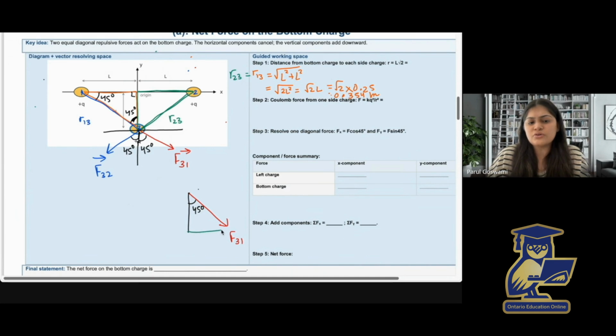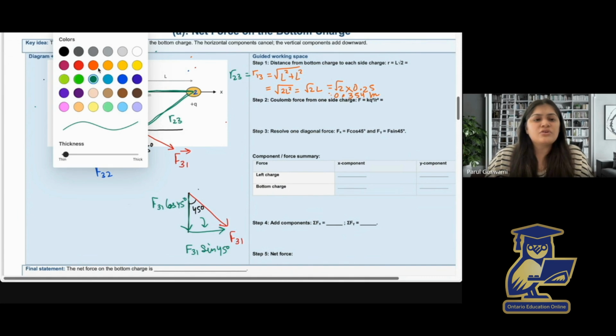So this is the horizontal component of F31 as you can see, and this is the vertical component of F31. Now this is 45 degrees. This is going to be the opposite. So the opposite component is always the sine component. So this is F31 sine 45 degrees. And this is F31 cosine 45 degrees.